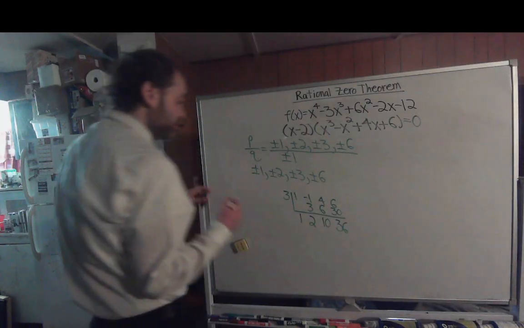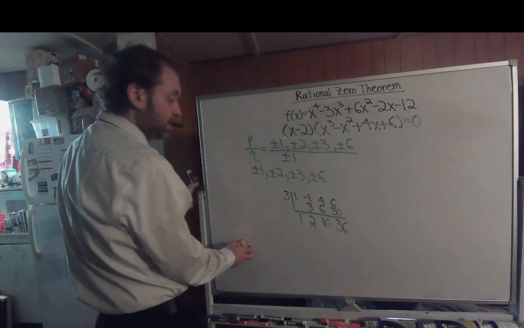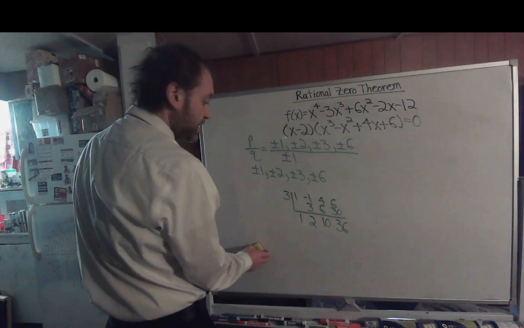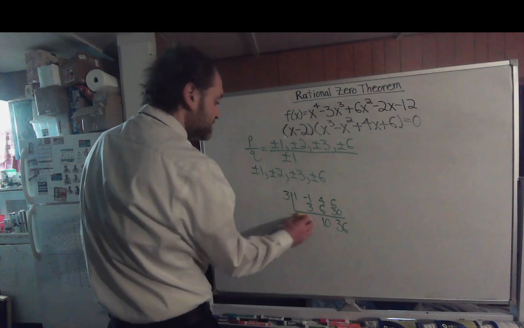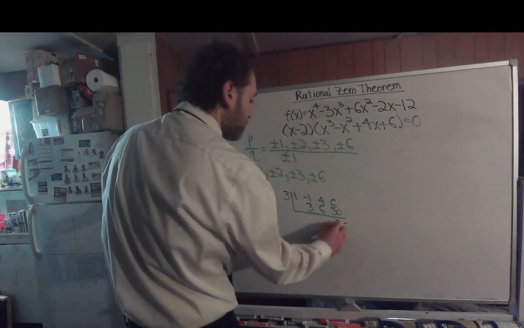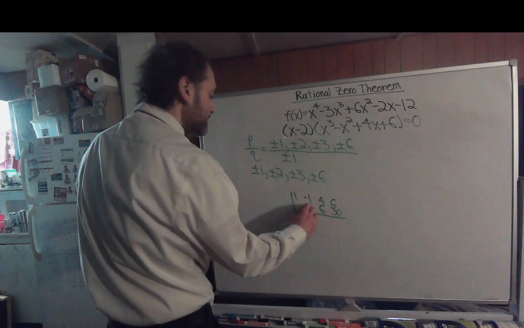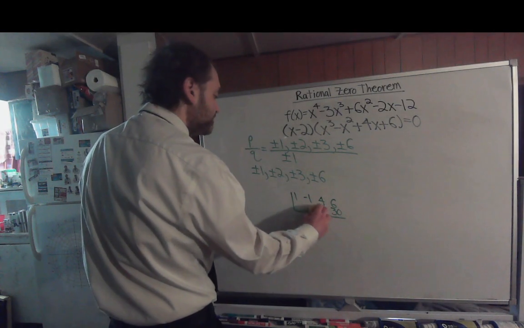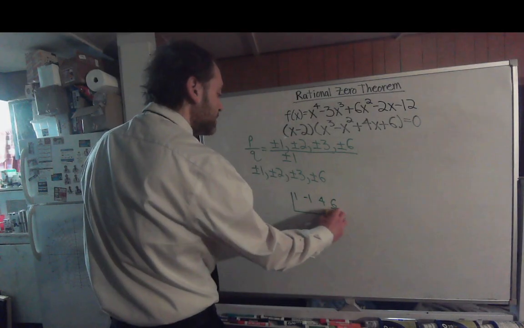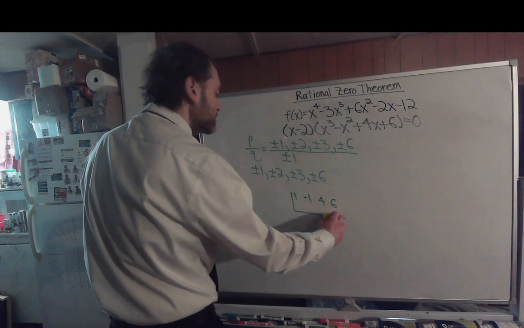That definitely doesn't work. As a matter of fact, I think we should go for our 1s, because it's not looking so hot for negative 3 either. It's really not. Let's go for our 1 factors.